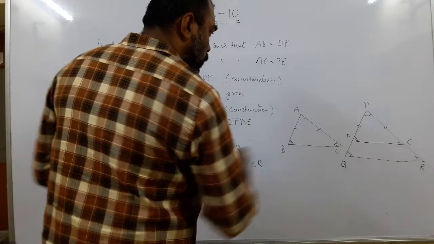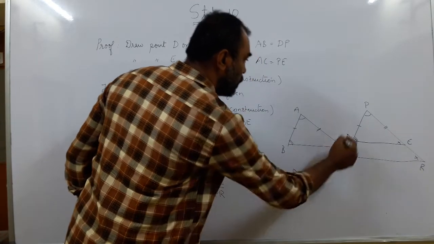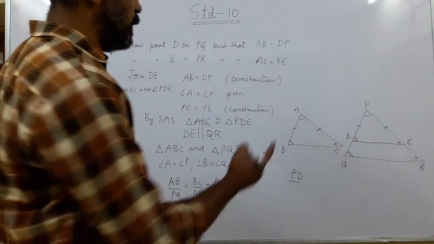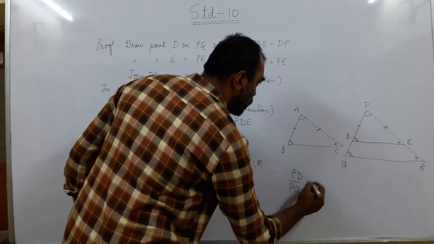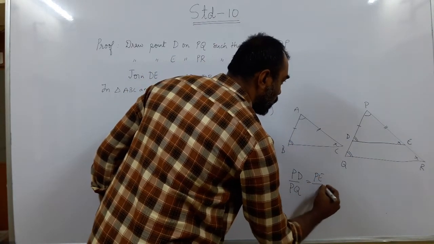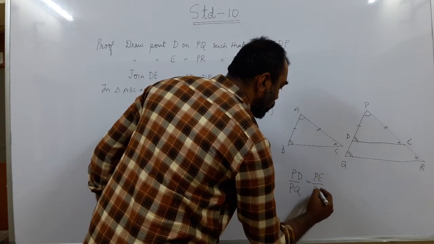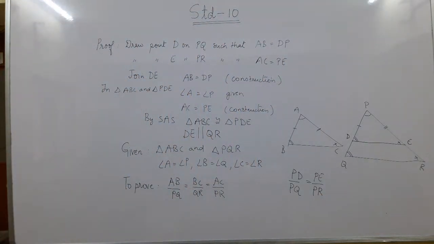If DE is parallel to QR, we get PD upon PQ equal to PE upon PR, because the lines are parallel. I hope you followed this.